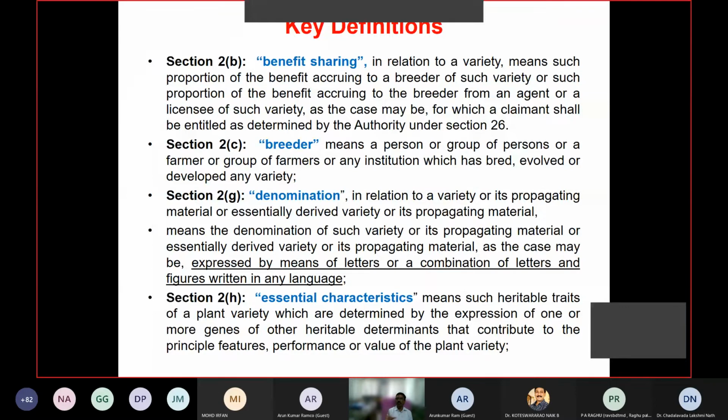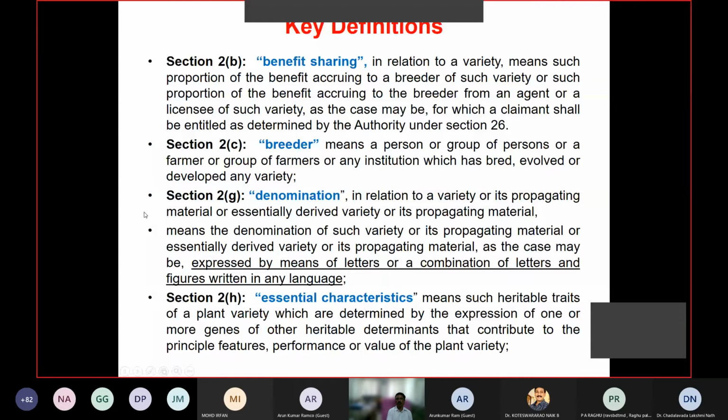A kind of benefit sharing methodology has been introduced. Breeder includes a farmer. A farmer is also a breeder, or a group of farmers is a breeder, or any institution like the Indian Rice Institute or ICRISAT, or any other institute doing these things, or any multinational company like Monsanto is also a breeder.